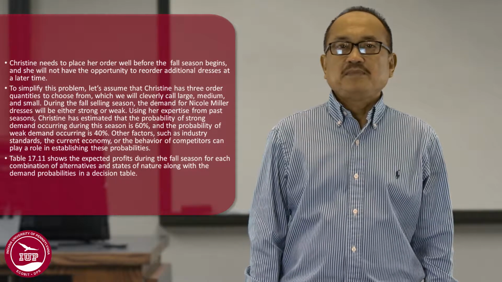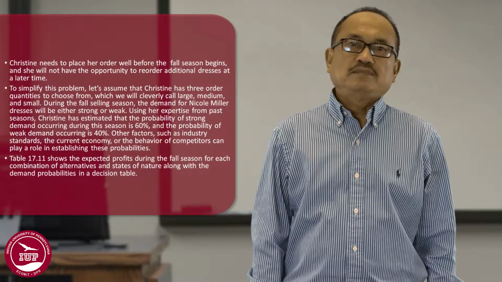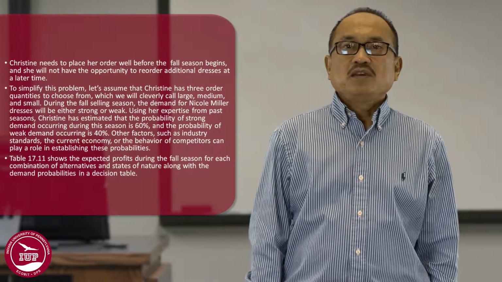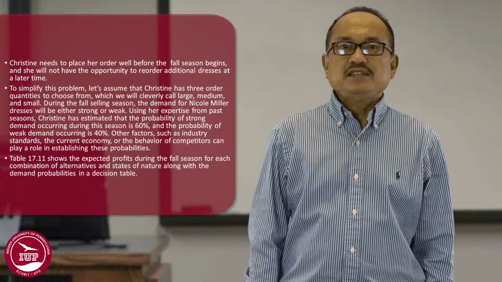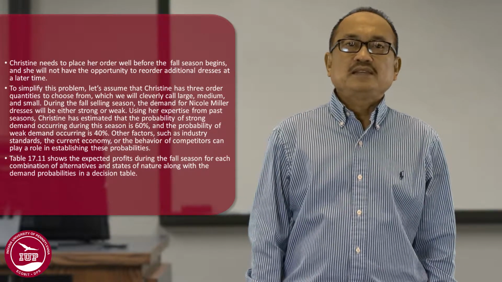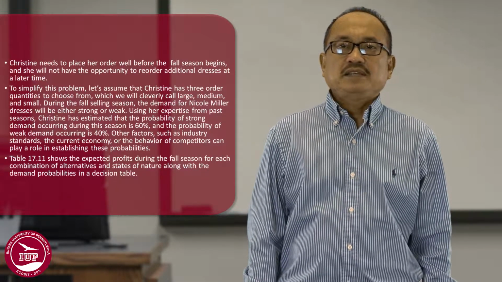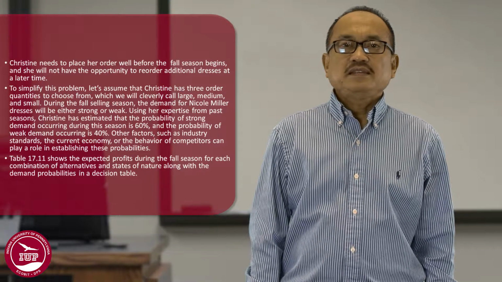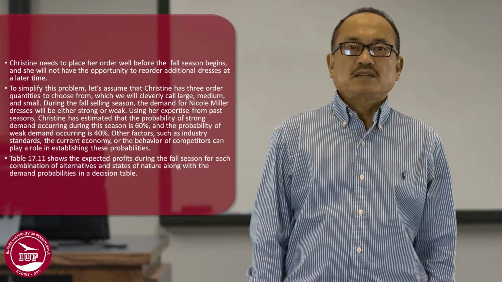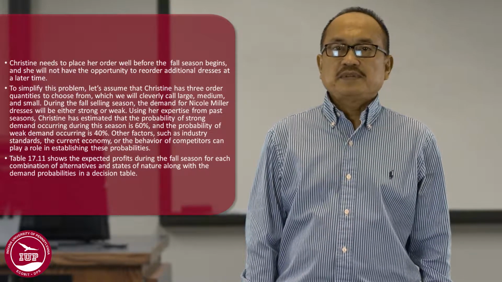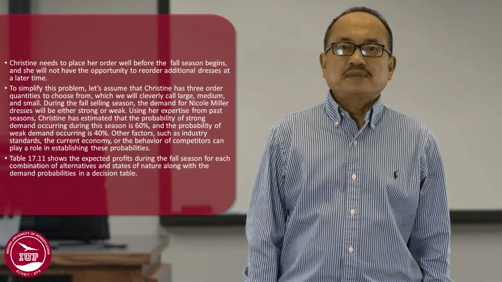To simplify this problem, let's assume that Christine has 3 order quantities to choose from, which we will cleverly call large, medium, and small. During the fall selling season, the demand for Nicole Miller dresses will be either strong or weak. Under her expertise from past seasons, Christine has estimated that the probability of strong demand occurring during this season is 60%, and the probability of weak demand occurring is 40%.